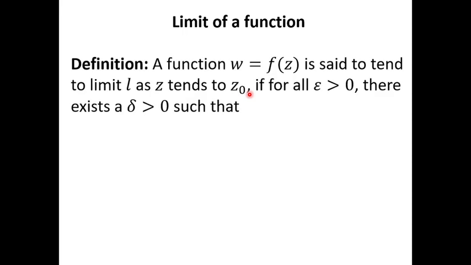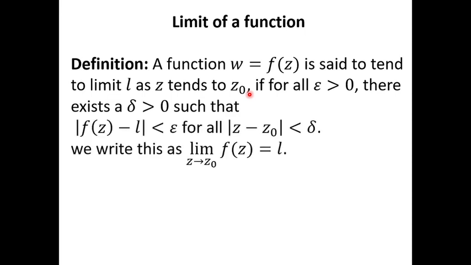Now we move on to the limit of a complex function. Definition: a function W is equal to f of Z is said to tend to a limit L as Z tends to Z naught, if for all epsilon greater than 0, there exists delta greater than 0 such that mod f of Z minus L is less than epsilon for all mod Z minus Z naught less than delta.